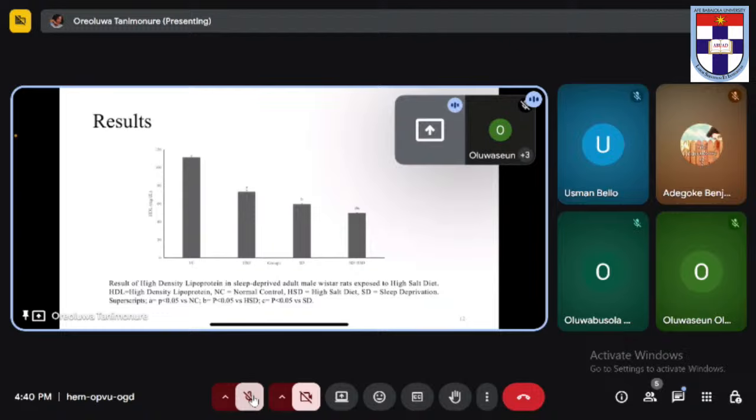And this graph shows that there was an inverse pattern relative to the total cholesterol and triglyceride results, because we all know that high density lipoprotein is the good cholesterol in our body. The control group shows the highest high density lipoprotein level, and this reflects a healthy lipid profile.